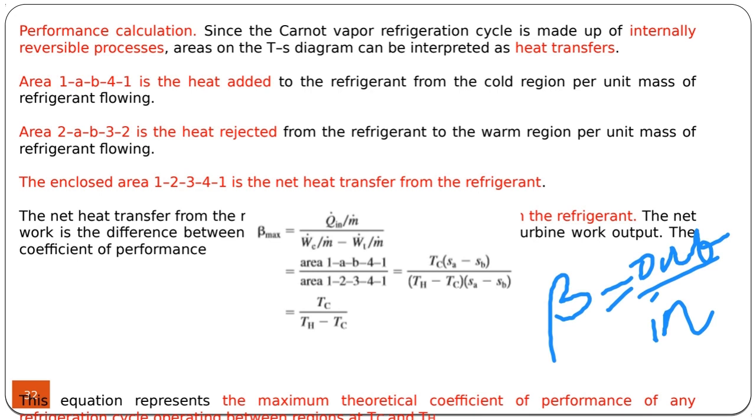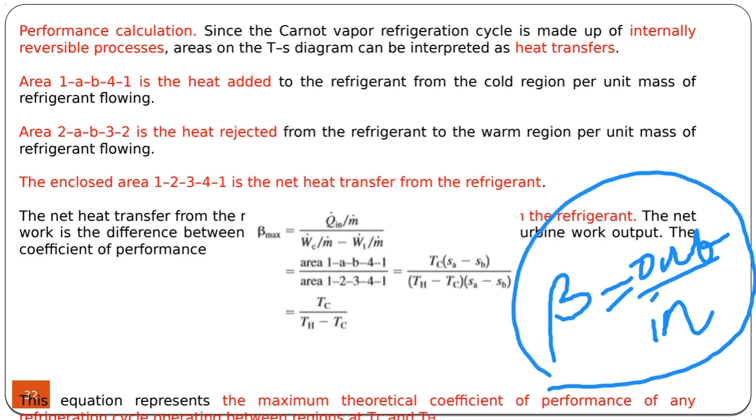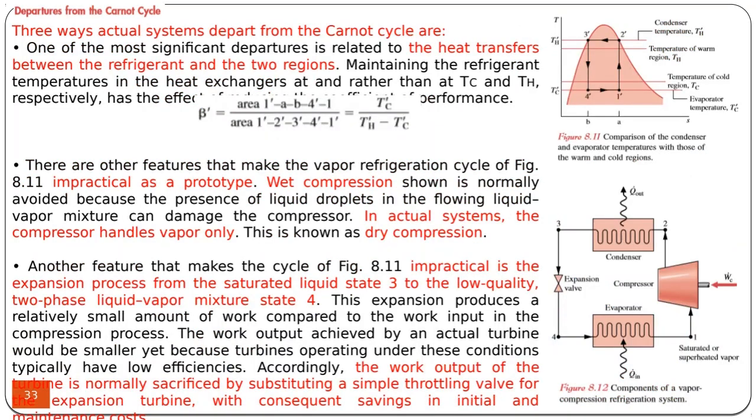The compressor work. So definitions are different, but the concept is always the same. By the way, even though the efficiency is always less than 1, the coefficient of performance can be most of the time higher than 1. This is the difference between the efficiency.